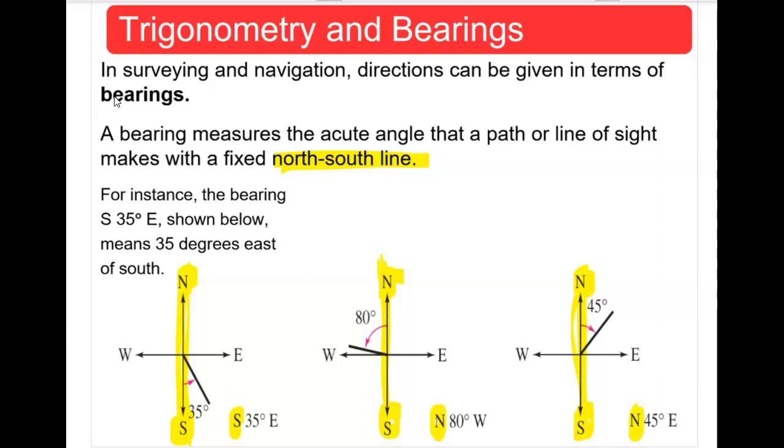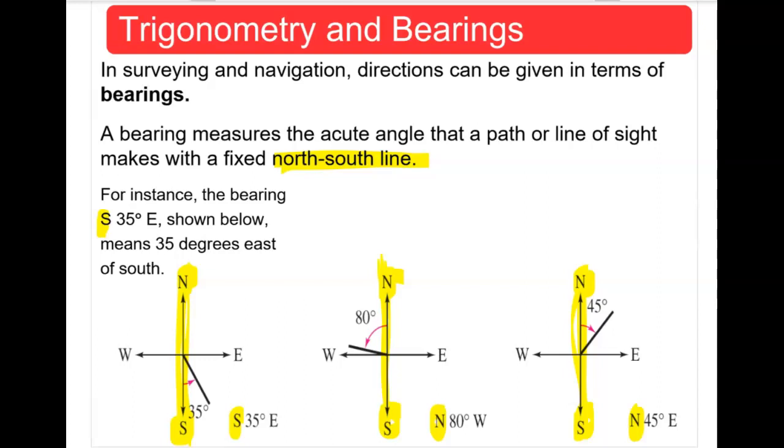So let's go over the first example, and the answer is already written there. It says, for instance, the bearing south 35 east shown below means 35 degrees east of south.